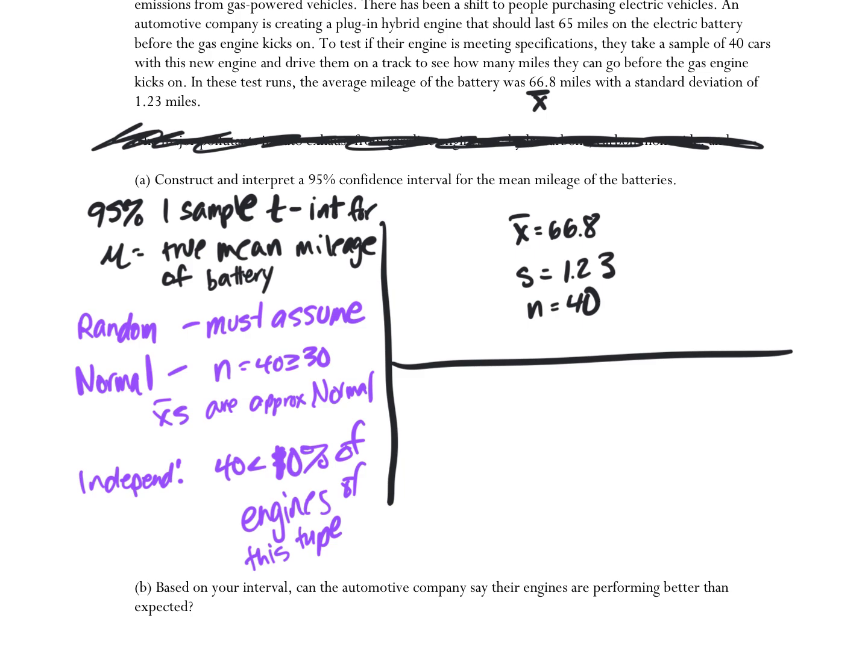What do you think I should put in for x bar, y'all? And for my standard deviation, 1.23. For my sample size, 40. My confidence level, 0.95. Calculate.